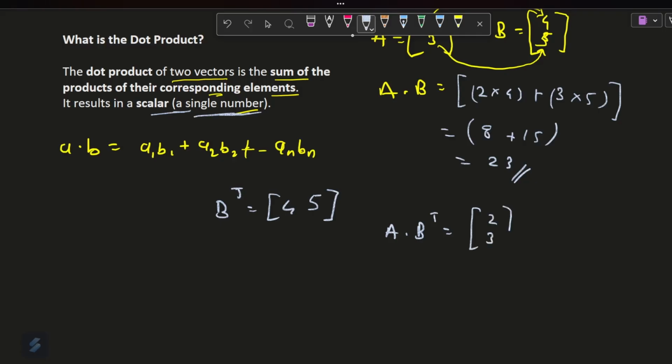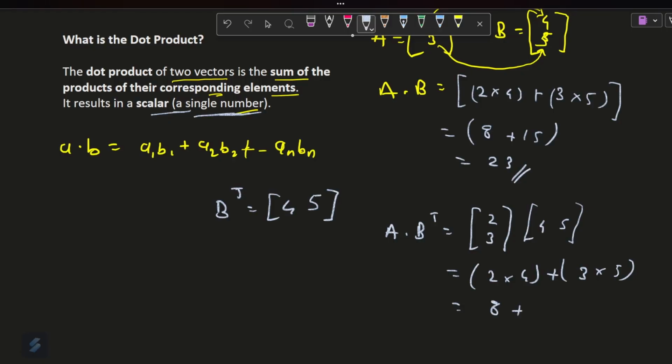2 and 3 and 4, 5. Let's understand and see how we get the answer. Simply, 2 multiplied by 4 and 3 multiplied by 5, and we sum them.